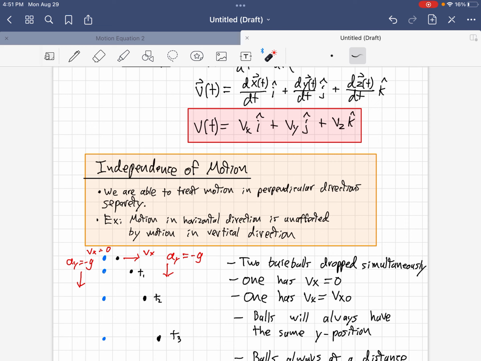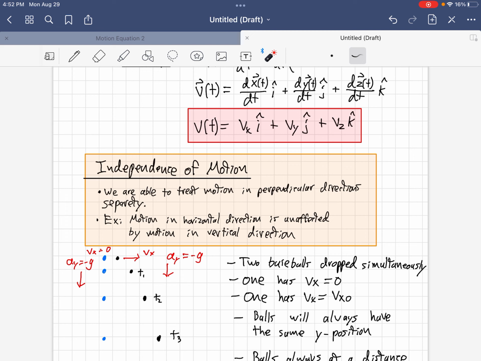So if you think about that, if you move directly up in the vertical direction, did you change your horizontal position? No, right? And if you move in the horizontal direction only, did you change your vertical position? No, right? So you can treat those motions separately.